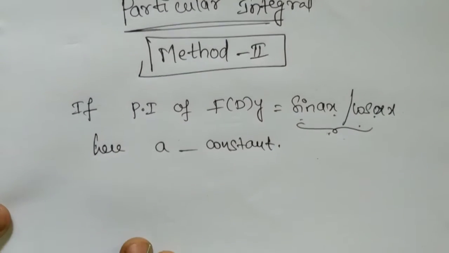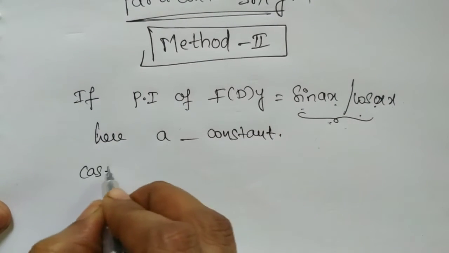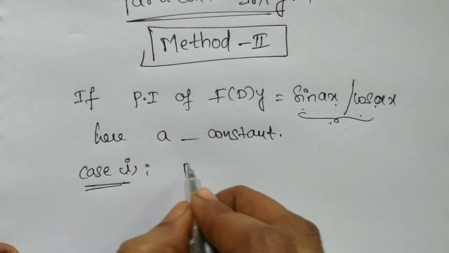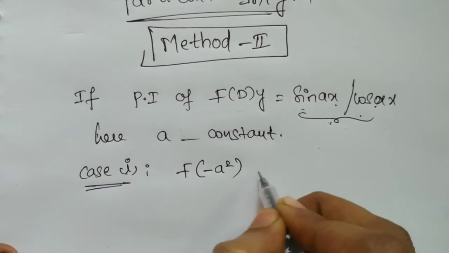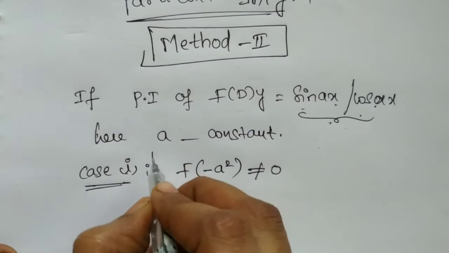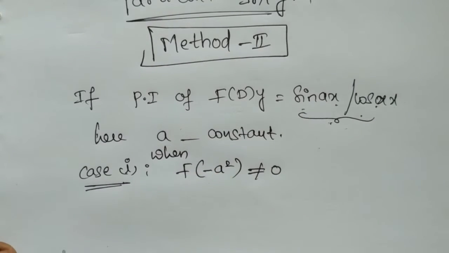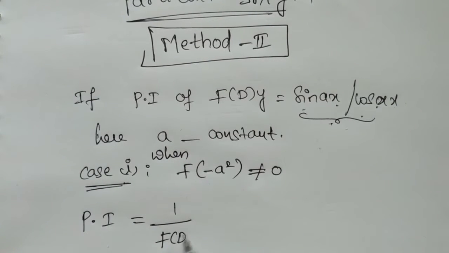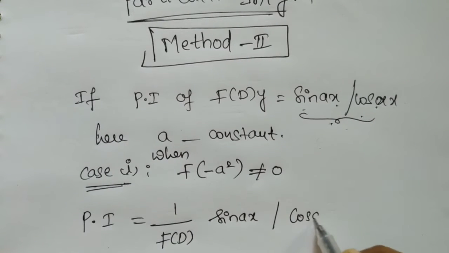In this also we have two cases. Coming to case 1, if f of minus a square is not equal to 0, then the particular integral equals 1 by f of D into sin ax or cos ax.